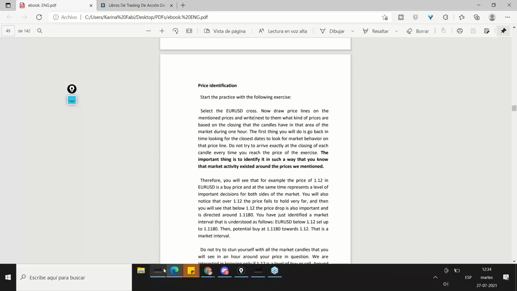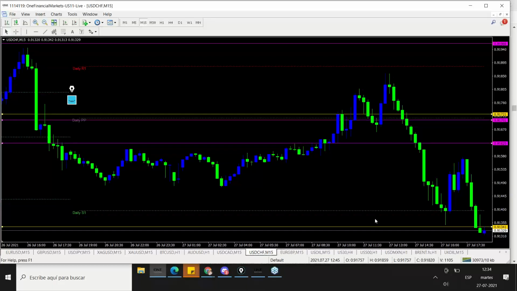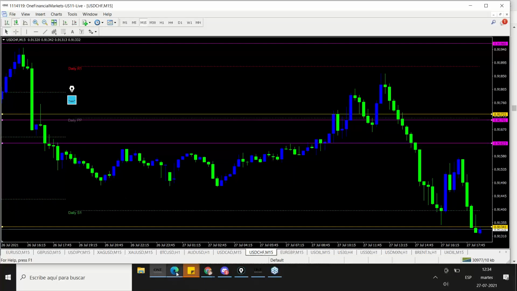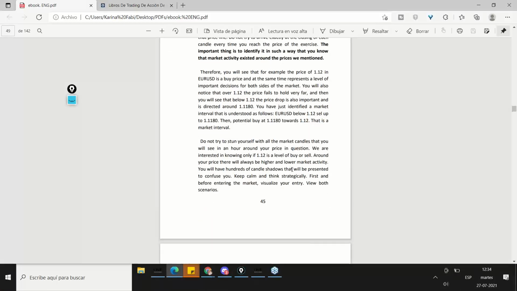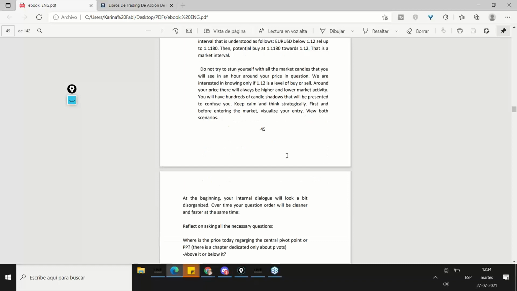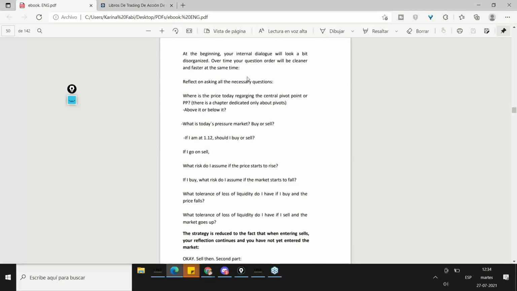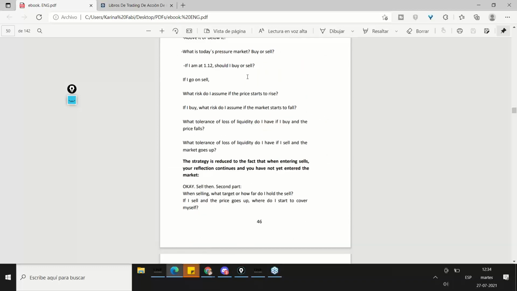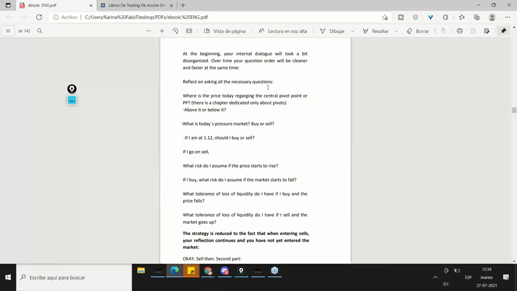Okay, so I'm going to go to markets right now, and I'm going to show you what I'm trying to explain here. So this is the exercise, how to identify levels. And then on page number 46, what I try to do here is to write the internal conversation that you need to have when you are facing the intraday trading situation.